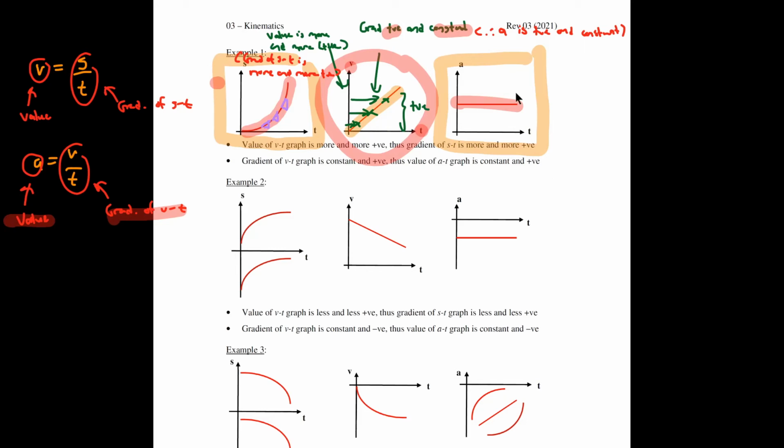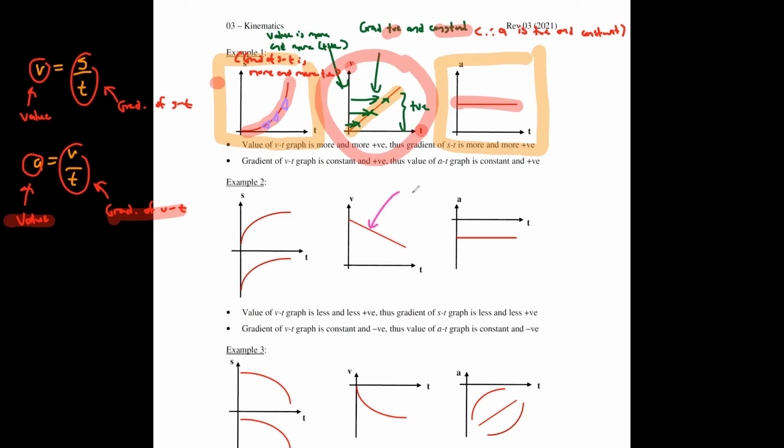So if I move on to the second example, same thing as before. I start with your VT graph, and then I want you to produce your ST as well as your AT. So looking at this one, how would you describe the gradient of your VT graph? Let me just wipe off all this because it's in the way.